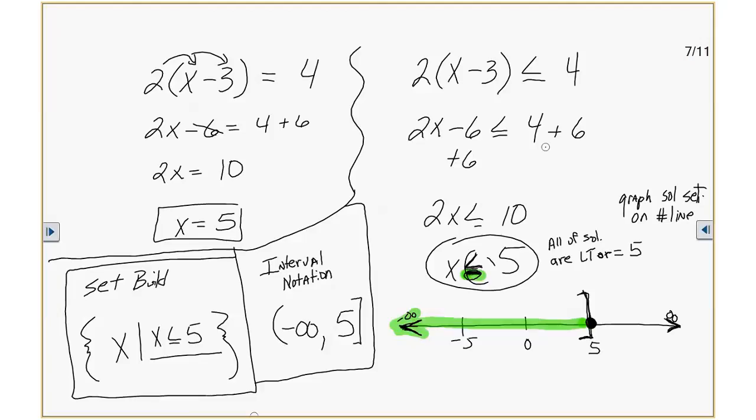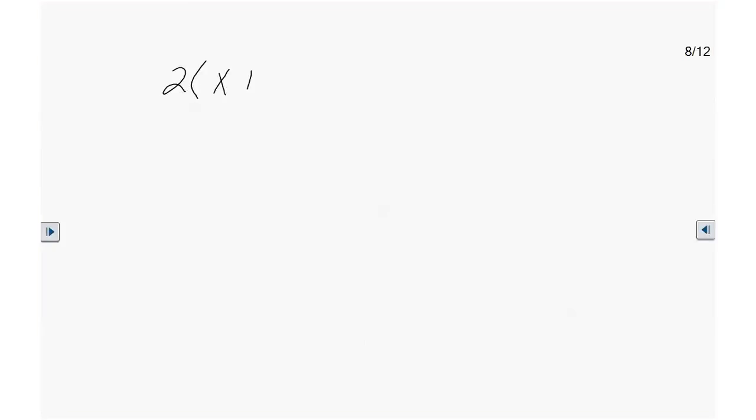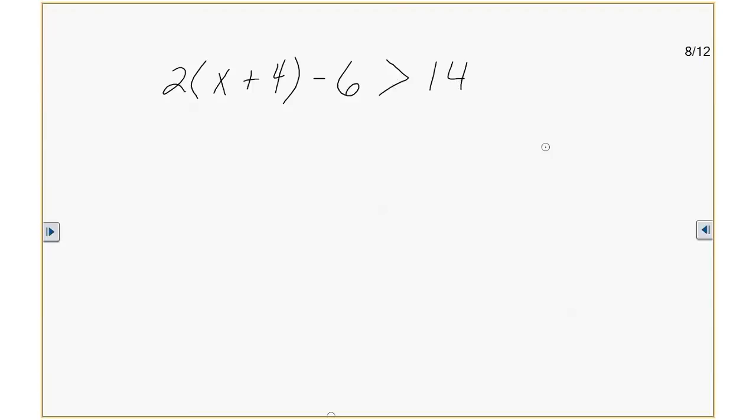All right, let's do one. 2 times (x plus 4) minus 6 is greater than 14. All right, do that one. I want you to graph it on a number line, and I want you to write it in set builder notation and interval notation.